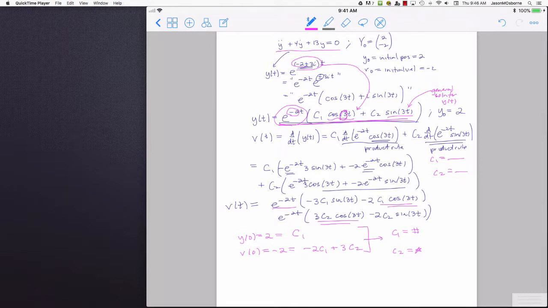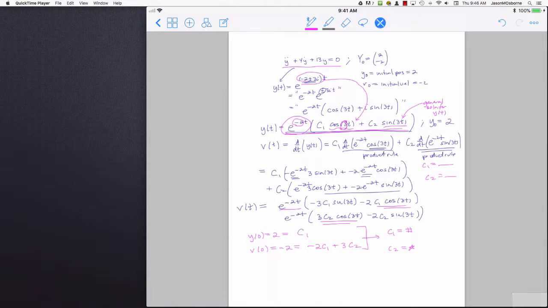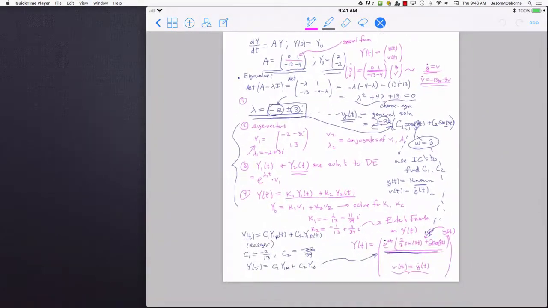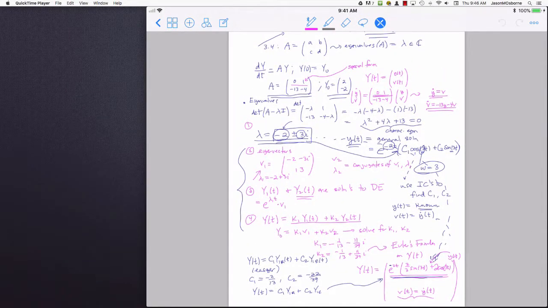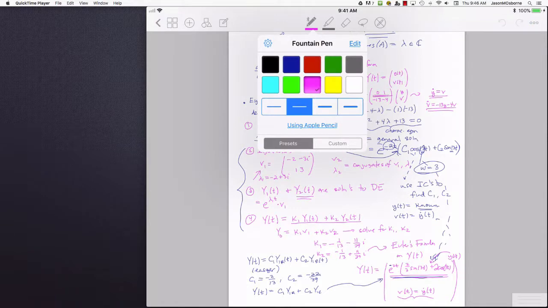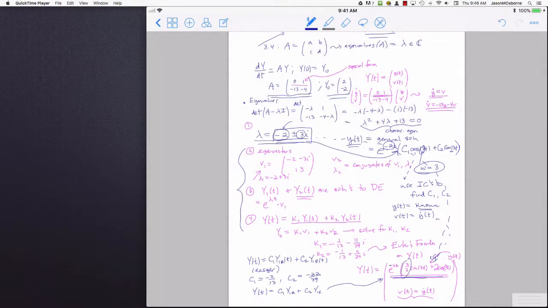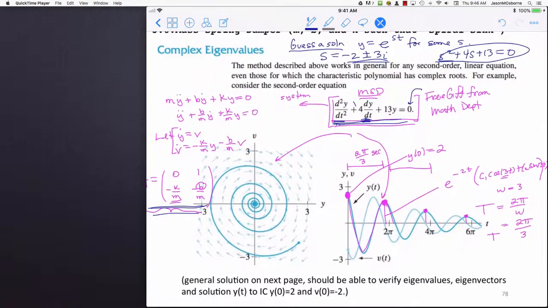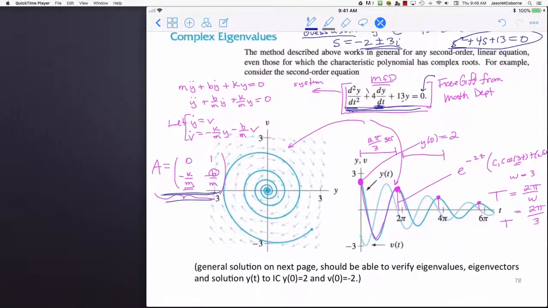Okay. The constants that you know you're going to get were from the previous solution when we went through and solved this as a system. So you know what your c1 and c2 are going to come out to be. Okay, it'll come out to be these answers. Okay? So that's an introduction to section 3.6.